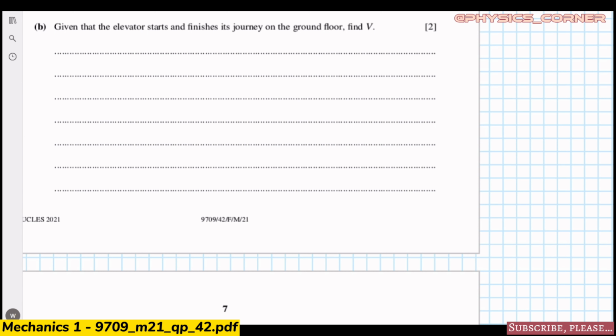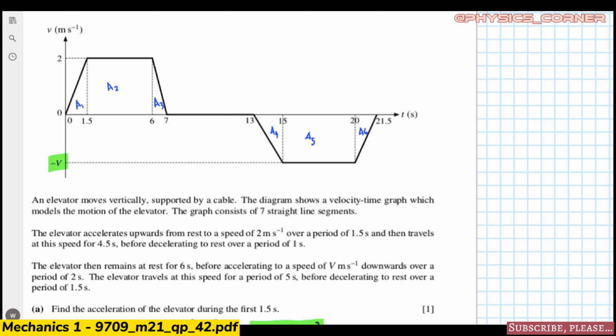Let's say this is area 1, area 2, and area 3, and this is the same as area 4, area 5, and area 6. Area 1 is a triangle, a half of 1.5 times 2, which equals 1.5 meters.